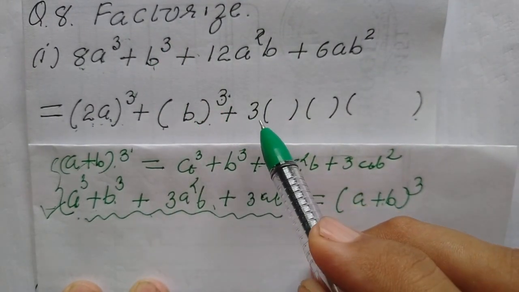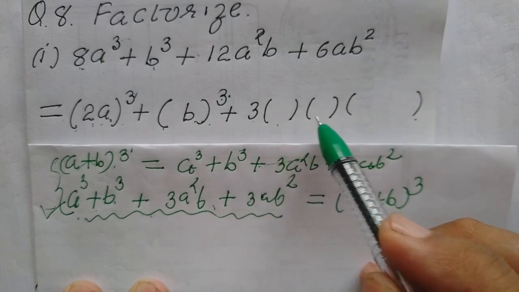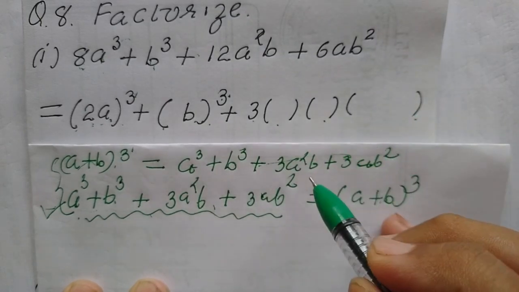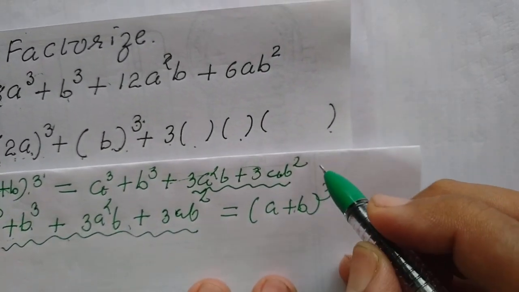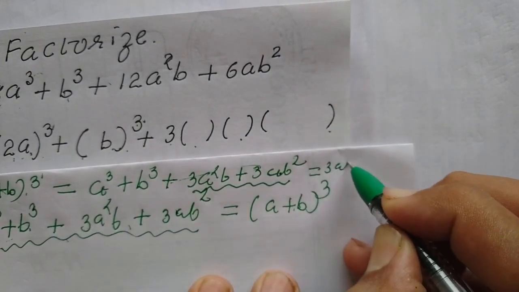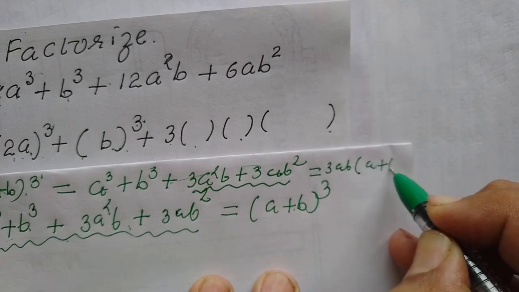Now children, this 3 into 2 brackets, so here 3a square b square is there, no? This is nothing but, children, 3ab into a plus b.